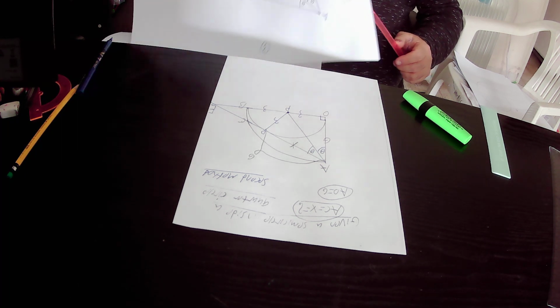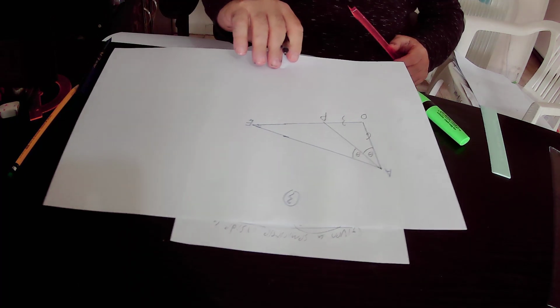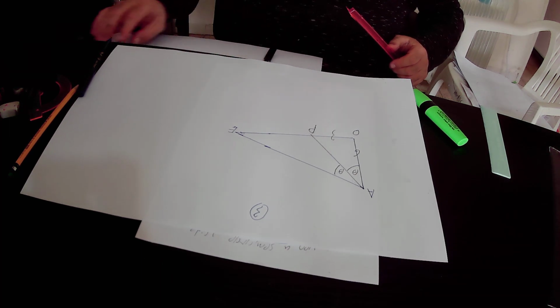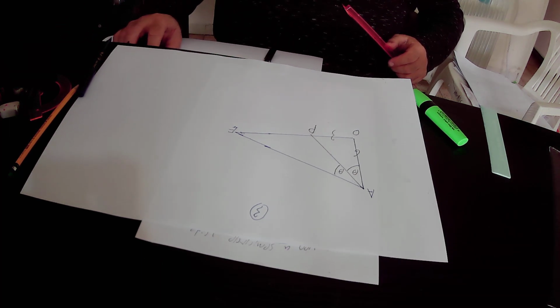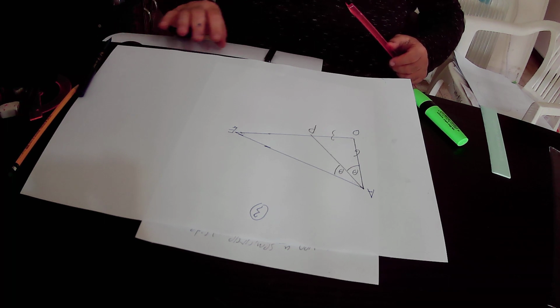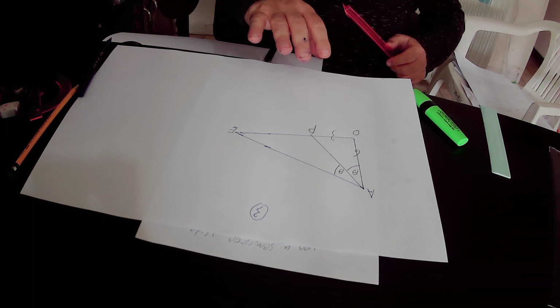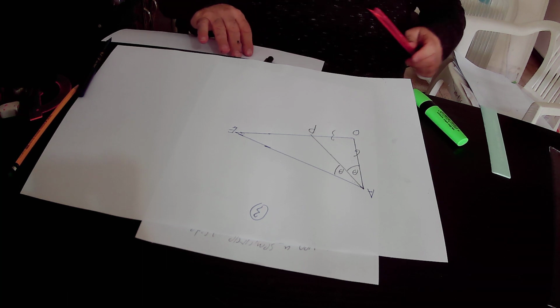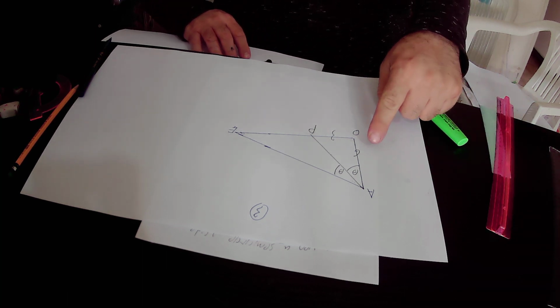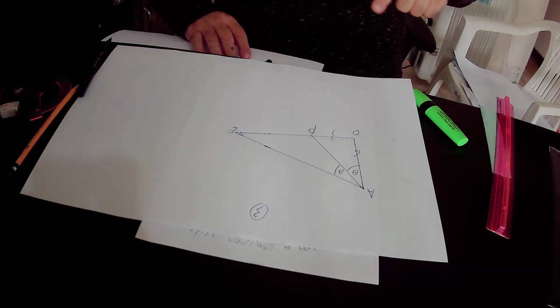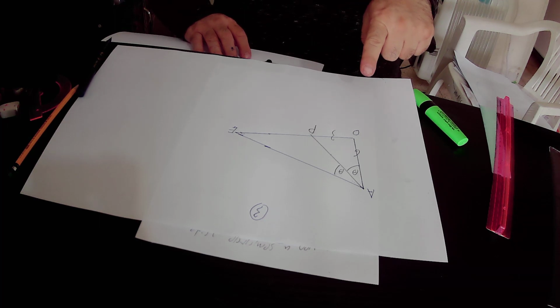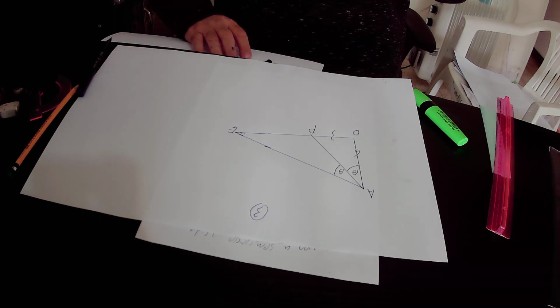This is triangle AOE that I copied from the original drawing. Side AO equals 6 units according to what is given in the question. OB equals 3 units, it is the radius of the semicircle.